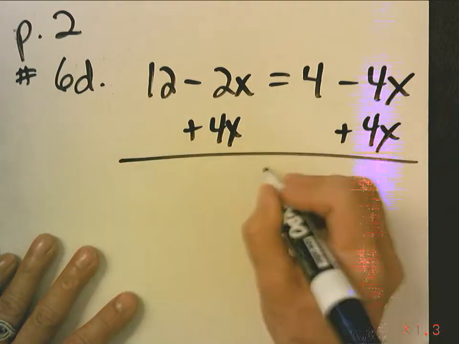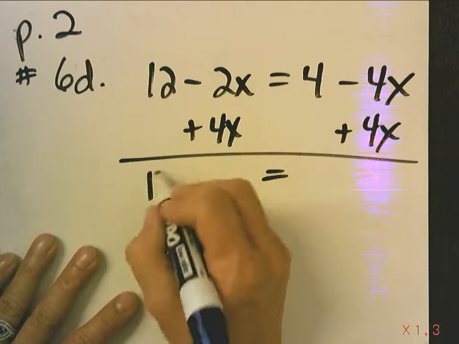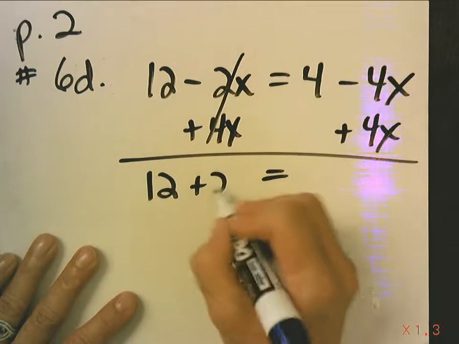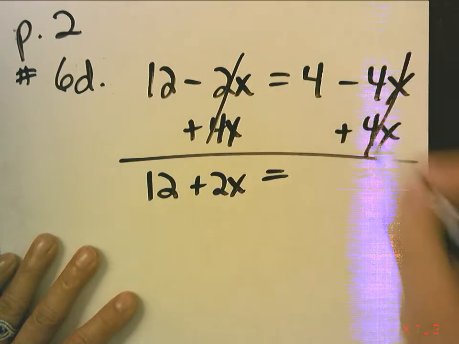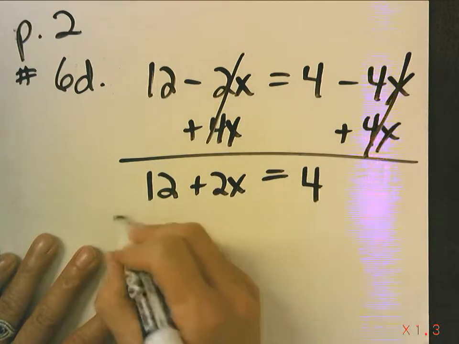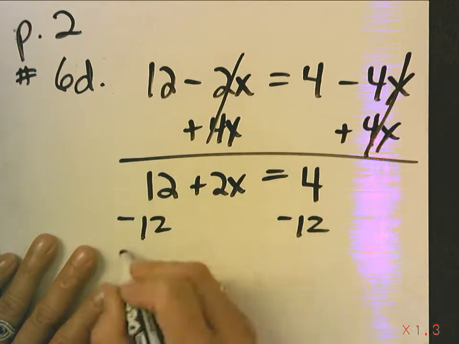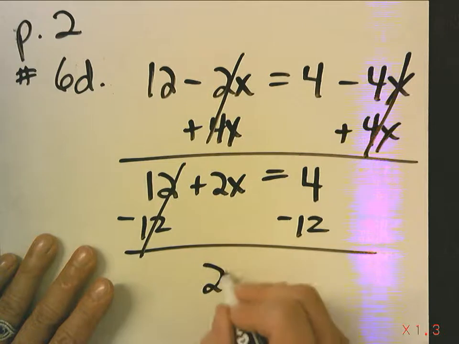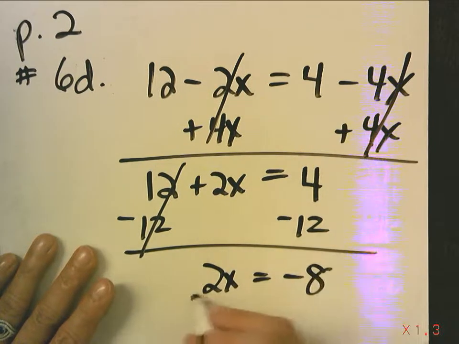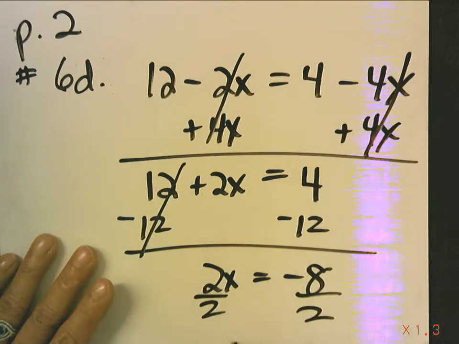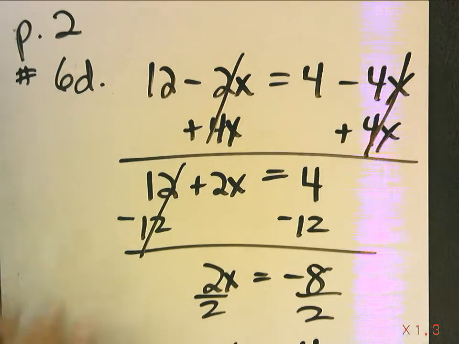And that makes me happy. So this becomes 12 plus 2x. Negative 4x plus 4x zeroes out. I'm going to subtract 12 from both sides. 2x equals negative 8. Divide by 2, divide by 2. X equals negative 4.